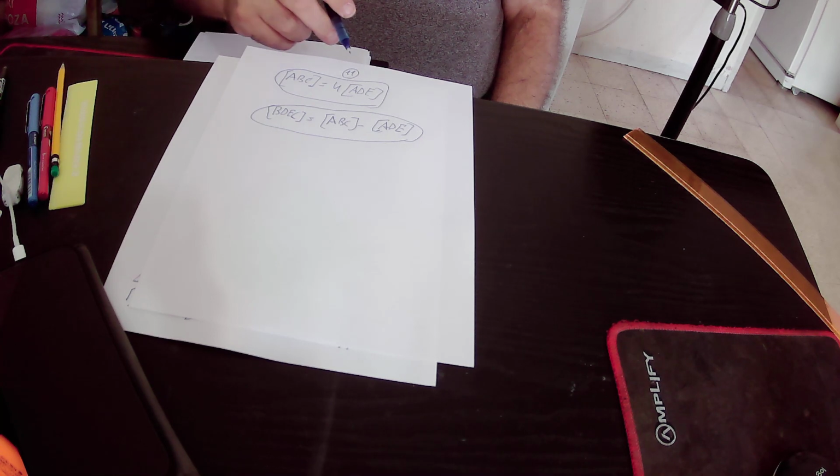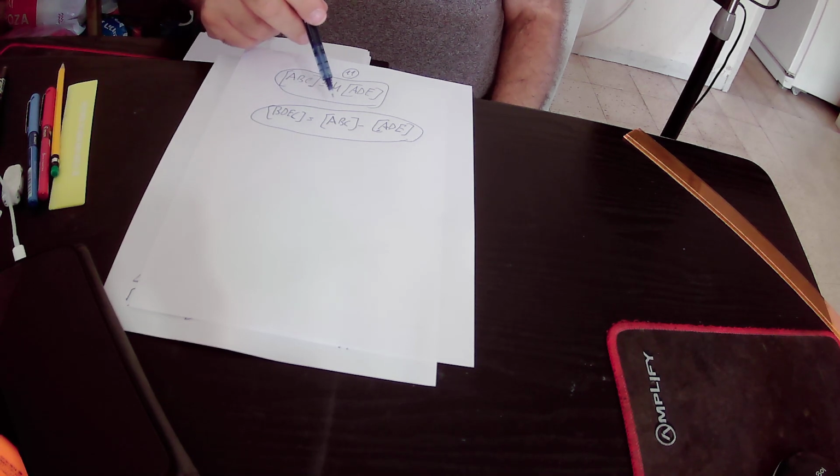But we have already found out that the area of triangle ABC equals 4 times the area of triangle ADE, so we can substitute the area of triangle ABC by 4 times the area of triangle ADE.